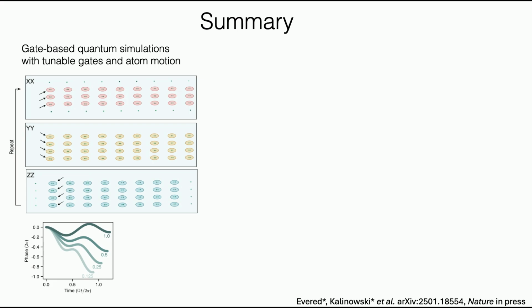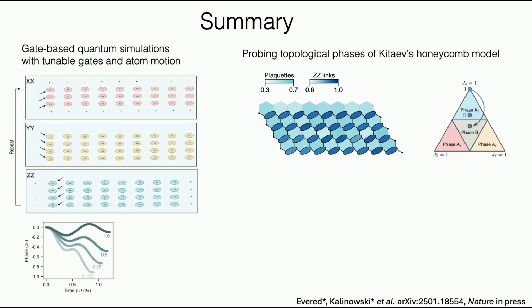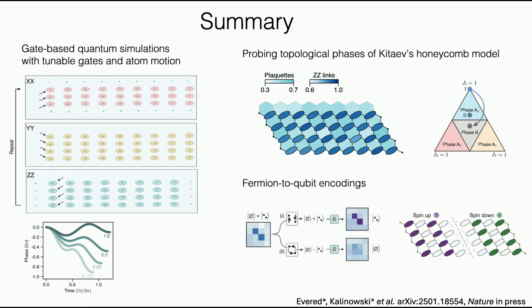So just to summarize, I told you about our approach to digital gate-based quantum simulations using this atomic motion with our atom arrays. And I showed you how we use this platform to study different topological physics of Kitaev's honeycomb model, as well as starting to look into fermionic encodings.